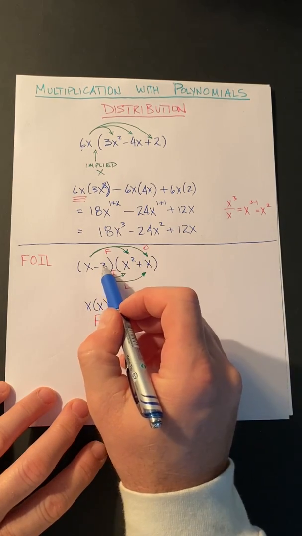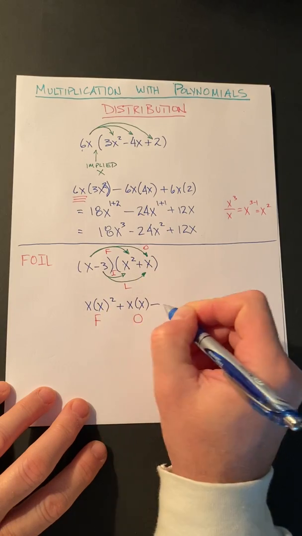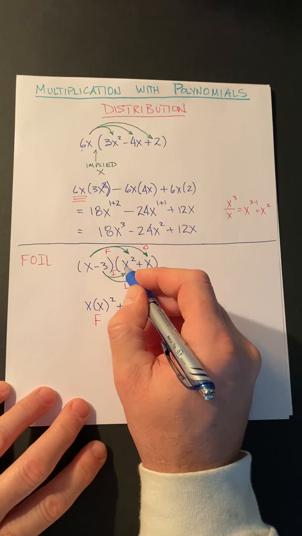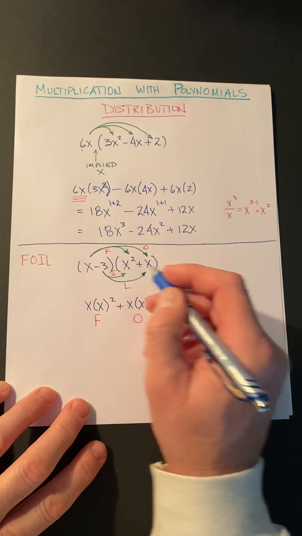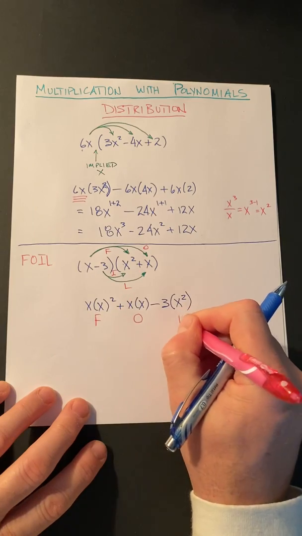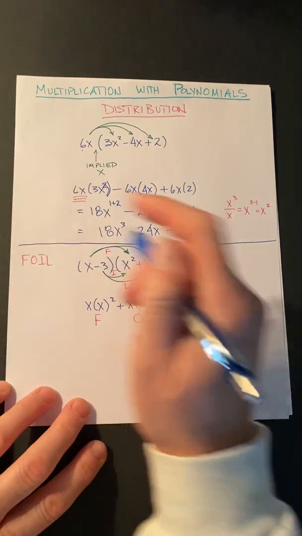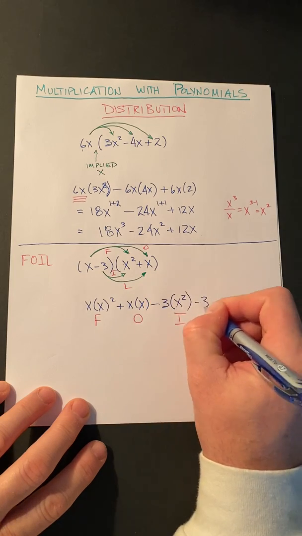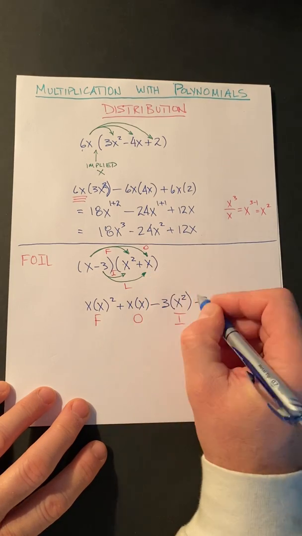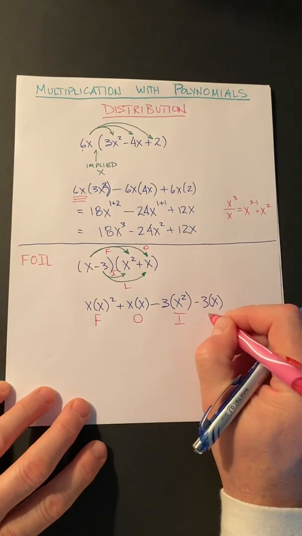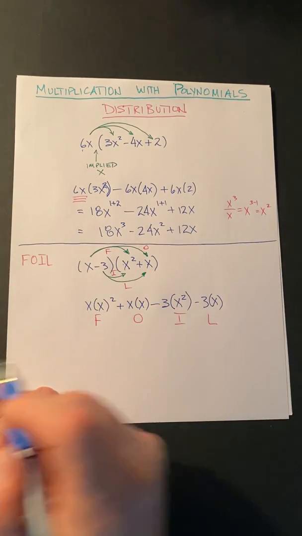So then I move to the next term. So I have minus a 3, and it gets distributed to this innermost term. Okay, so there's my I of FOIL. And then I distribute again, minus 3, to this last term. And there I have my FOIL, okay?